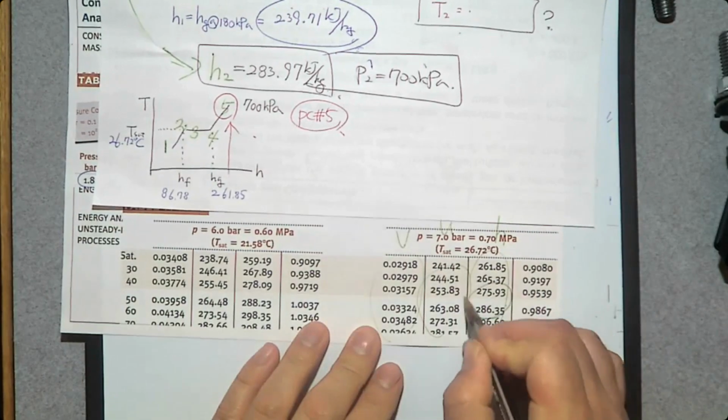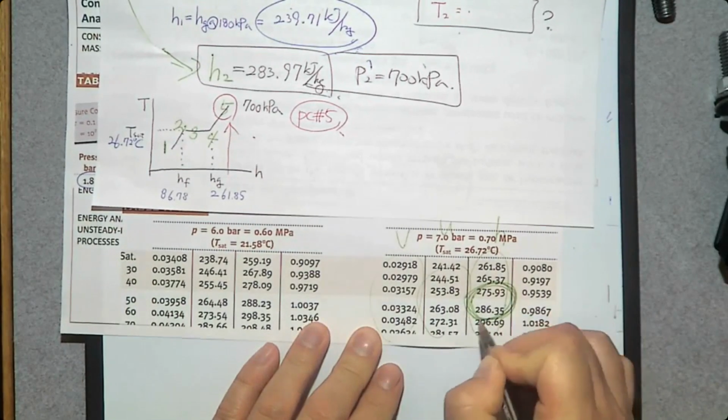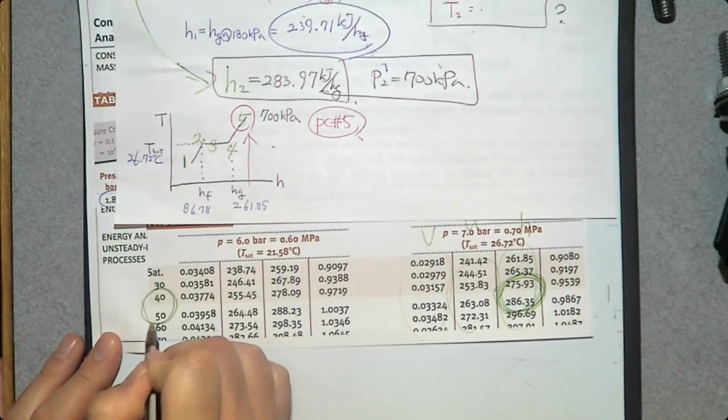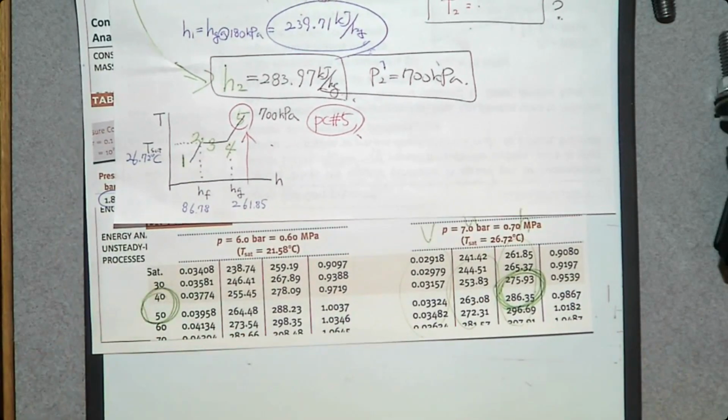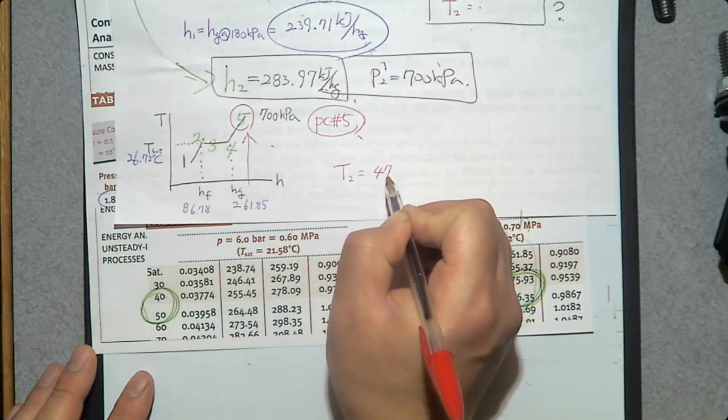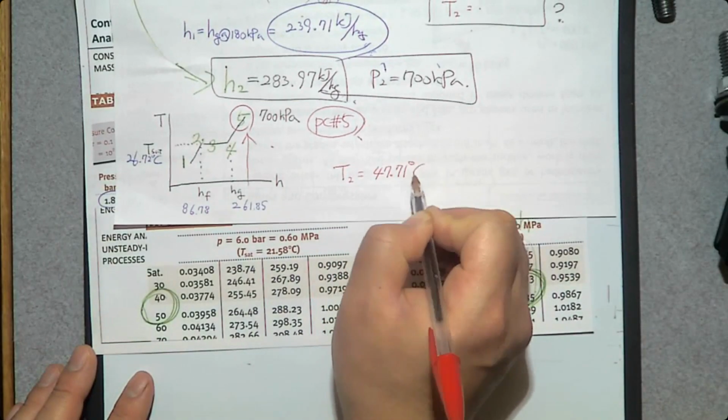So what is the temperature between these two numbers? What can you do? Linear interpolation between these two numbers for this value, then you can find the temperature between 40 and 50. Since you know how to do a linear interpolation, I'm not going to do that. T2 is going to be 47.71 degrees Celsius.